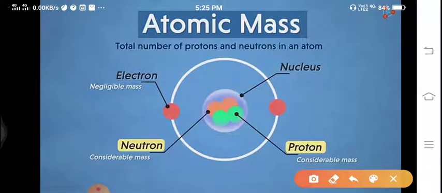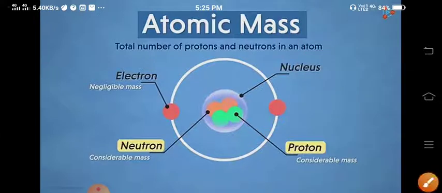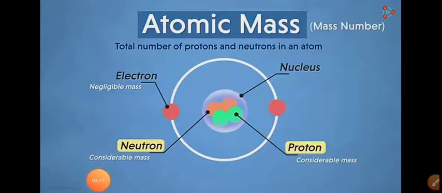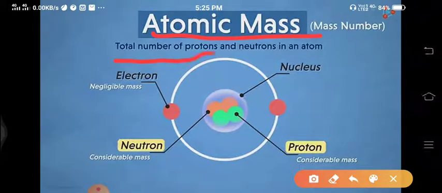Protons and neutrons together, P plus N, are called nucleons. So atomic mass means the total number of protons and neutrons in an atom. We can call it the mass number also.